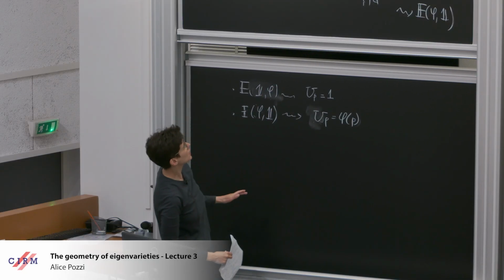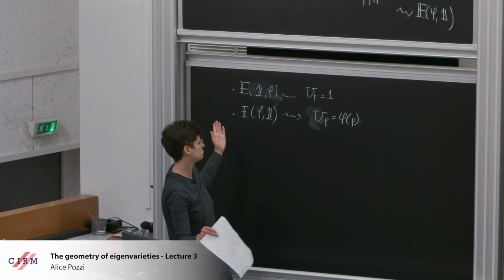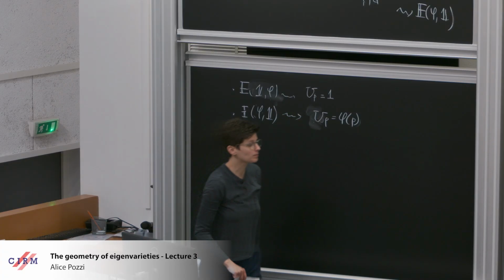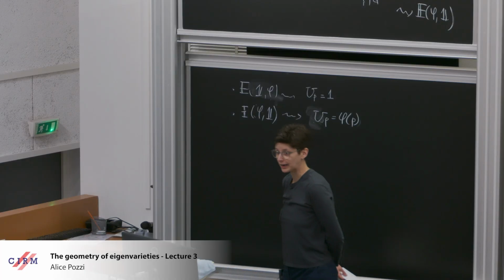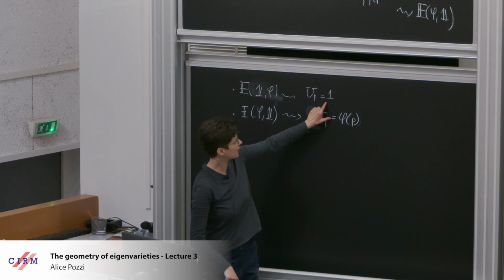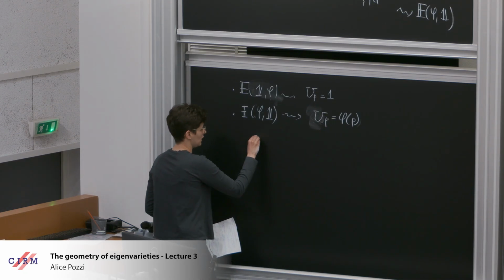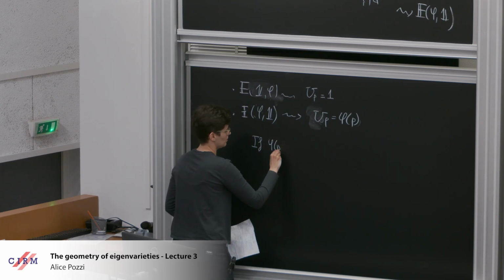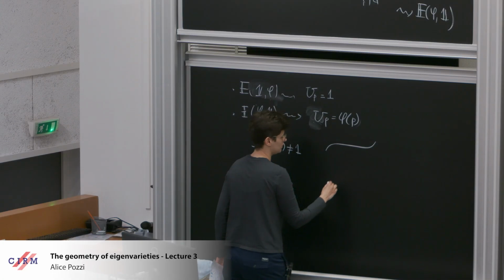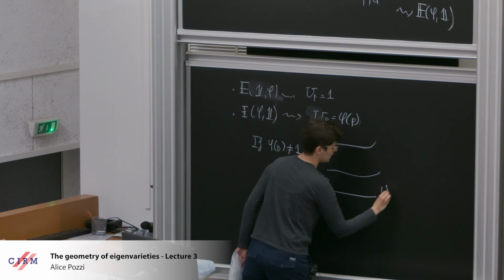So this is fine, and for weight k greater than 1, doesn't cause any problem. For weight 1, since the system of Hecke eigenvalues away from P already coincide, we actually have two possibilities. If phi p is different from 1, then we have two families parametrized by the weight space.